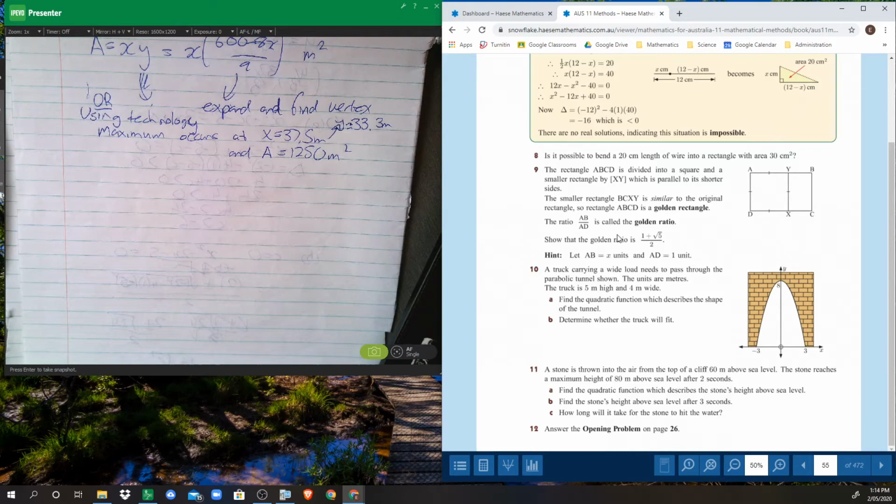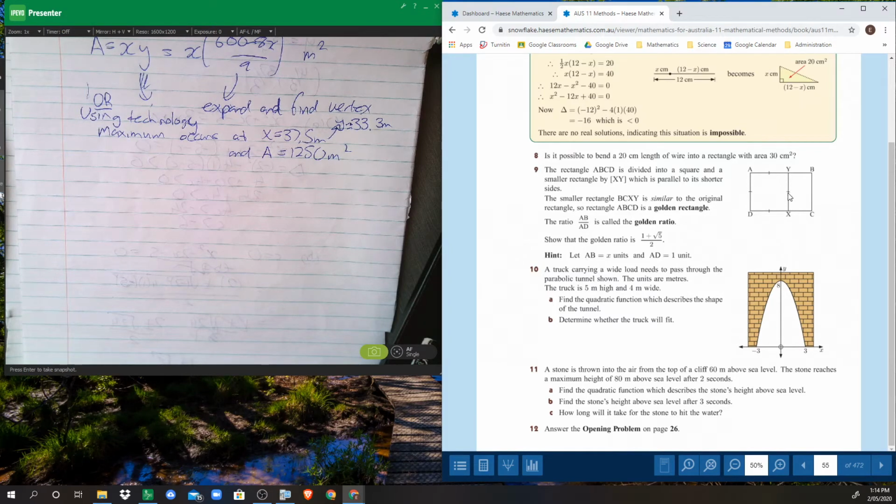AB over AD. The smaller rectangle BCXY is similar to the original rectangle.